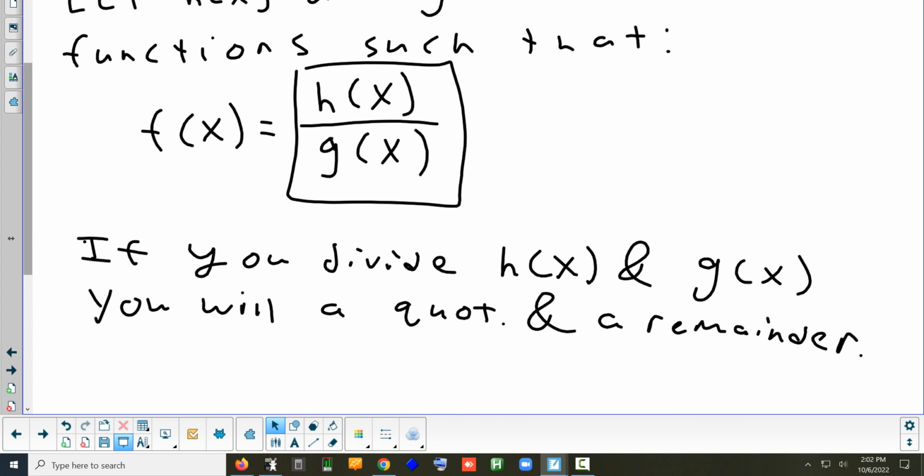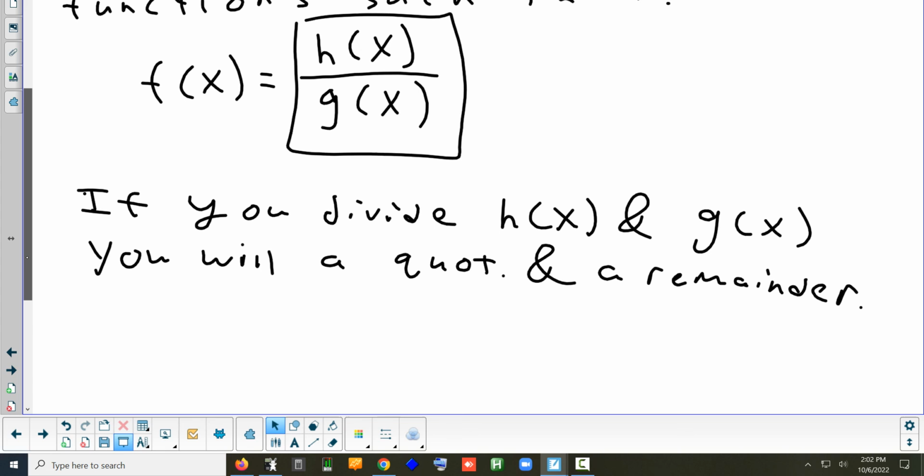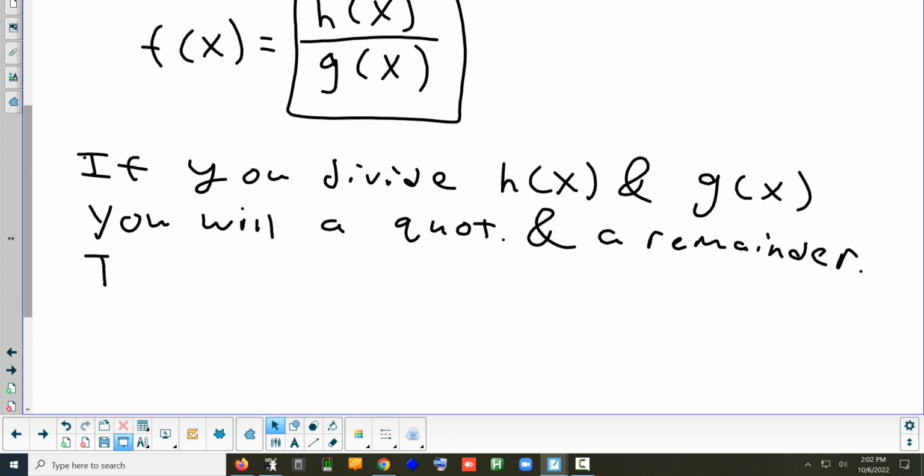The quotient is called the EBA. So there isn't anything new to learn. If you know how to do division, you already know how to do the EBA. We just never called it that before. But the quotient is the EBA.